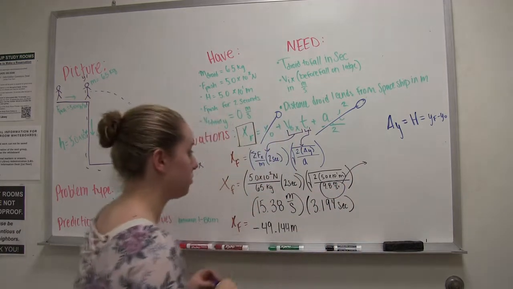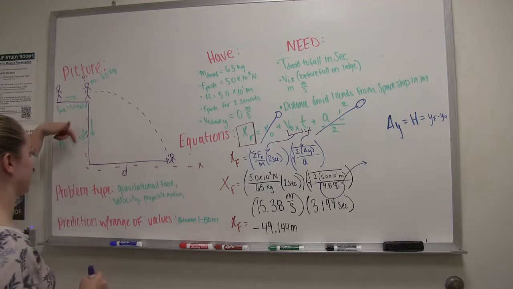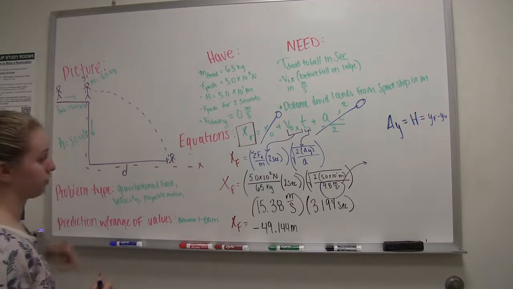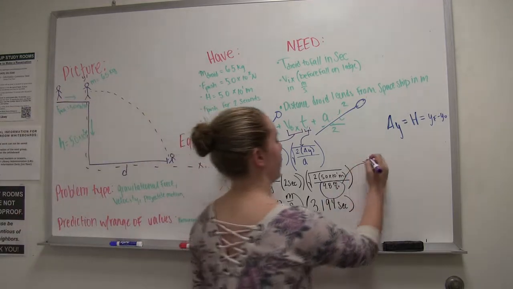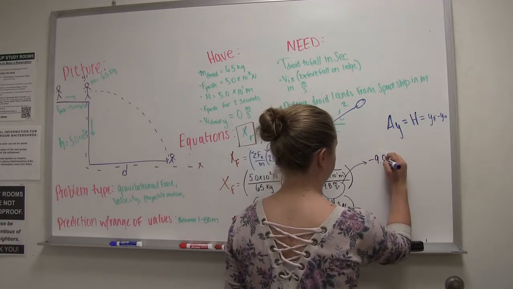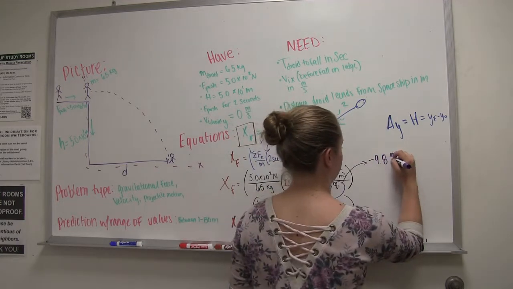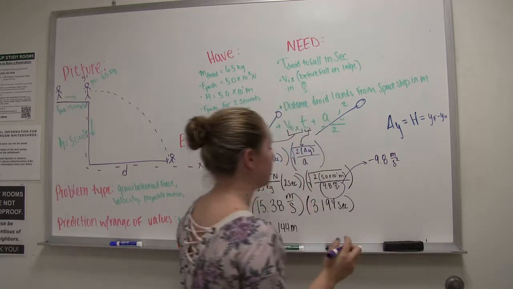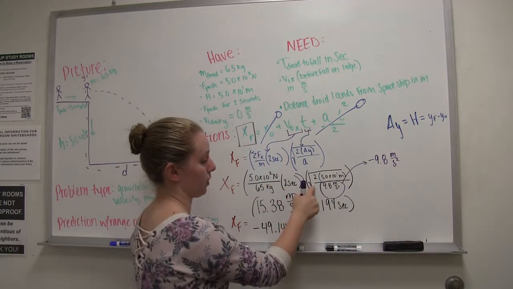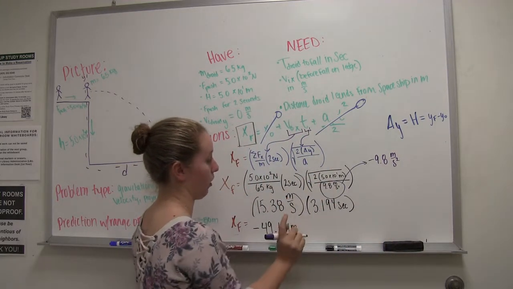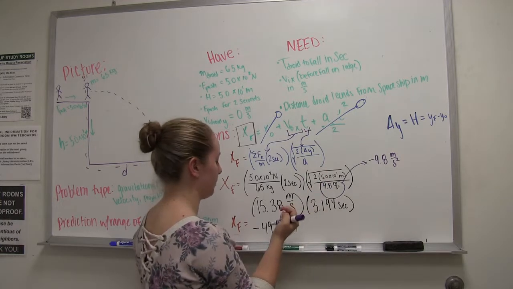So gravity usually is facing down, it's directional, right? We know that he's falling down, so technically this value should be negative 9.8 meters per second squared. The reason I didn't do it is because in our square root in here, you would get an error. So what I did was I went ahead and I pulled it out.